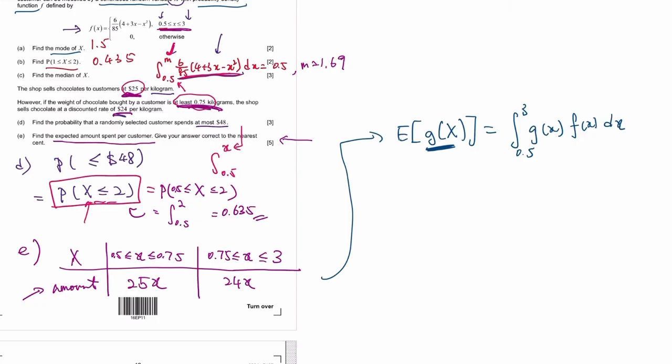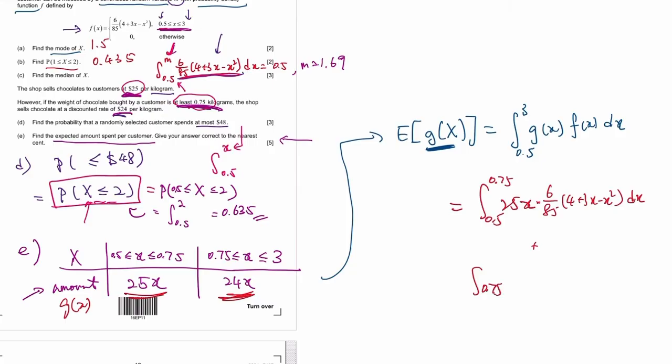And the g(x) this time is the amount. So our g(x) would be 25x times f(x) from 0.5 to 0.75, but from 0.75 to 3, our g(x) is 24x.